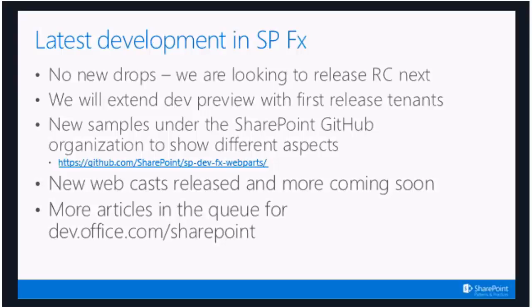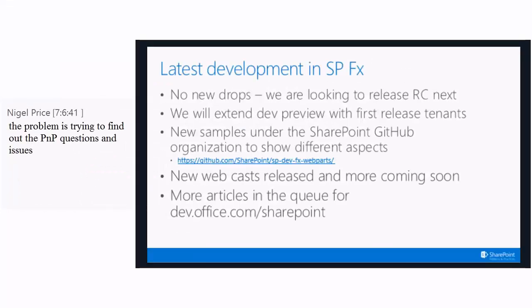You should not use SPFx in production yet, even though it will work in first release tenants. We will announce whenever we are ready for GA. GA means general availability, and you're able to start using the SharePoint Framework across Office 365 or SharePoint Online.